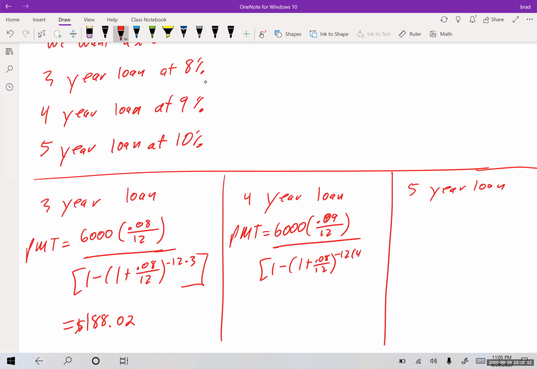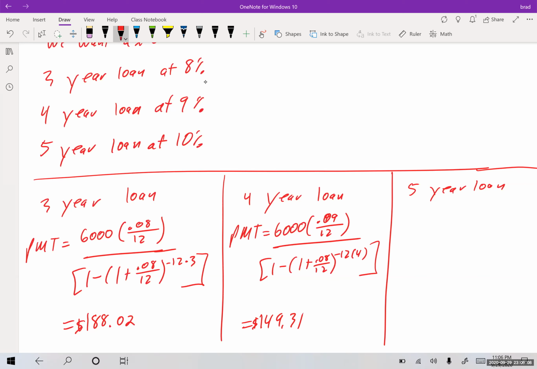But we're going to pay it off over 4 years. So this might help us a little bit. So when you plug this in, you should get $149.31.